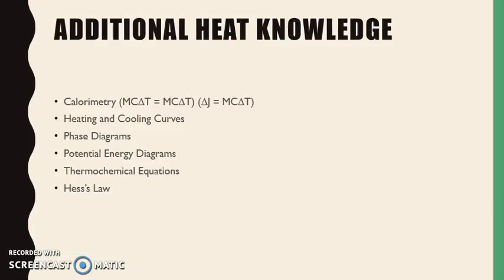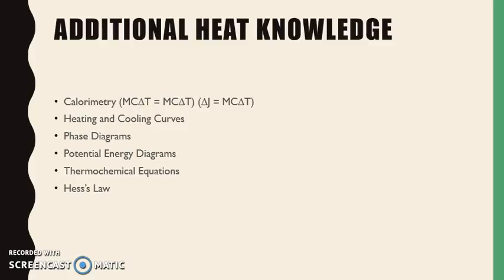Additional things that you should probably just keep in the back of your mind as we get out of the heat stuff is that we did a whole bunch of calorimetry problems. So there's q = mcΔT calculations, and we'll be refocusing on those pretty soon. Heating and cooling curves, that's that thing that looks like steps, when we used a combination of q = mcΔT and q = mL when there was no delta T at the phase change.